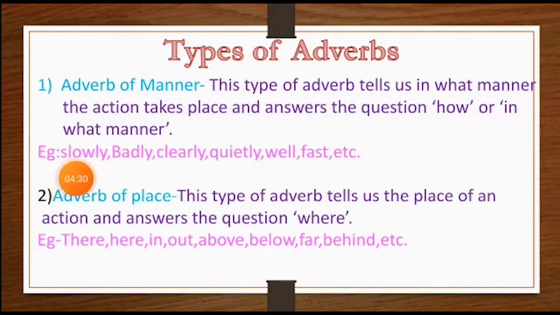Some examples are slowly, badly, clearly, quietly, well, fast, etc. Then the second type of adverb, the adverb of place, which we have already learned. This type of adverb tells us the place of an action and answers the question where. There, here, in, out, above, below, far, behind, etc.